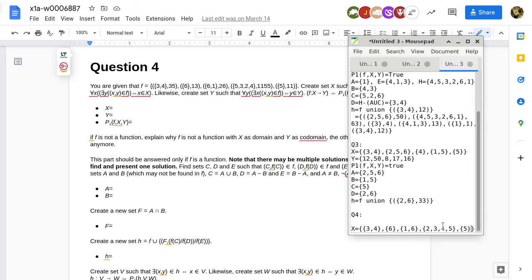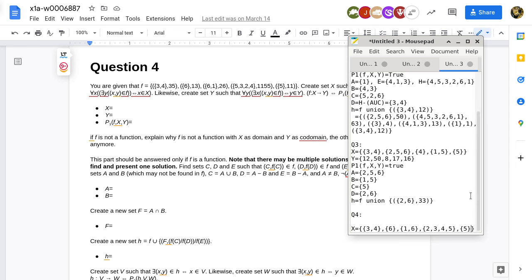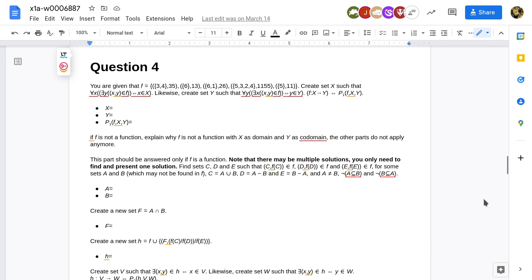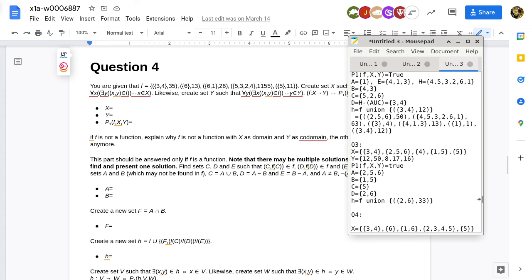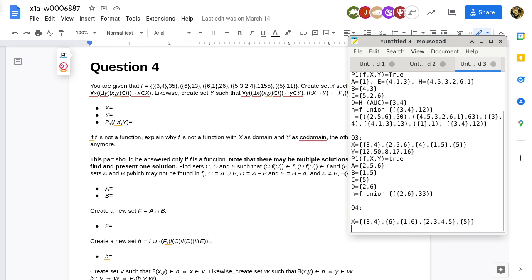Okay, let me just read the constraint one more time because I think I have a solution, but it's not a very friendly solution. I'll explain why I say it is not a friendly solution. All right, so let's say that C is {1, 6}.